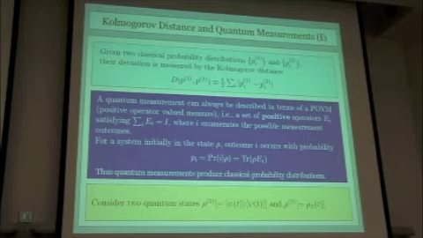Now let's say that we have two density operators, rho 1 and rho 2, which is going to give us these two probability distributions. All right, we're going to perform the same POVM measurement on two different states. And the states I have in mind are the actual state due to the system-bath evolution and the ideal state.